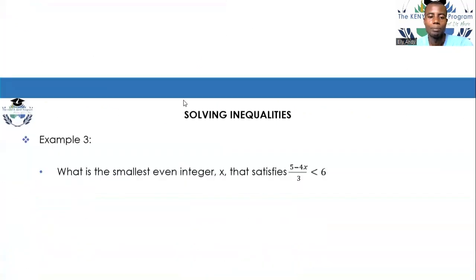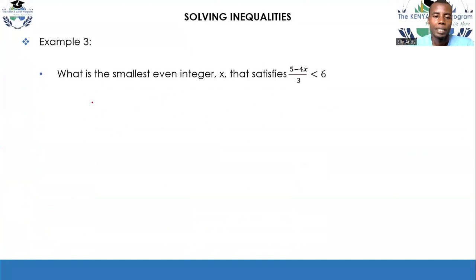Another example. Here we are asked, what is the smallest even integer x that satisfies this inequality? Again, we start by simplification. So we have 5 minus 4x divided by 3 less than 6. Then we multiply both sides by 3 to get rid of that denominator. We have 5 minus 4x less than 18, right?